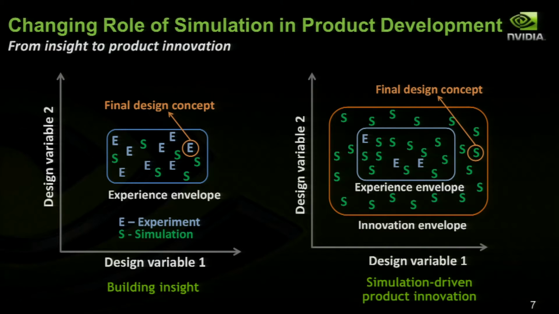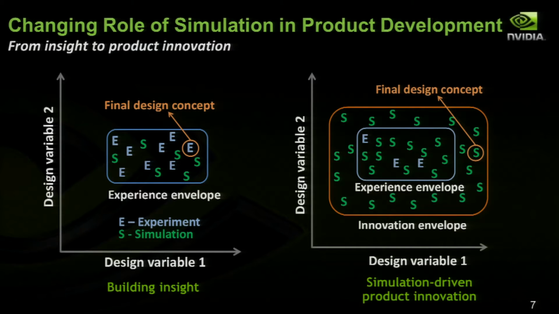But if you see how simulation is being used today in automotive OEMs, they're actually using it for product innovation. What I mean is, with simulation now, you can go beyond the design space that you knew before and pick a design concept purely with simulation without heavily relying on experiments.